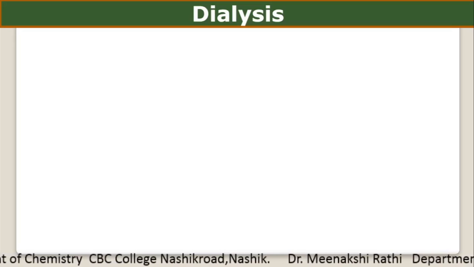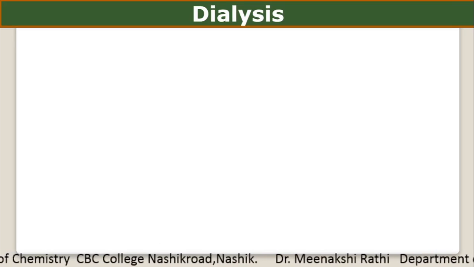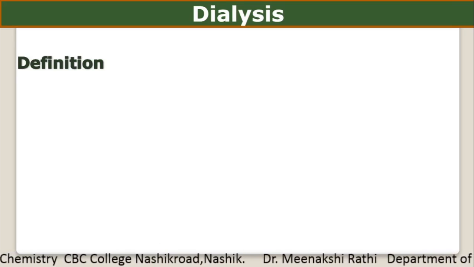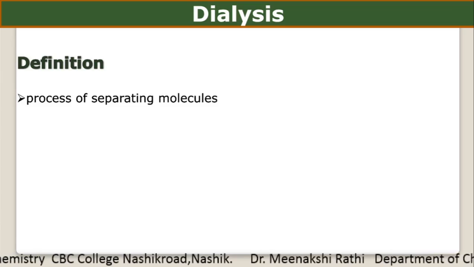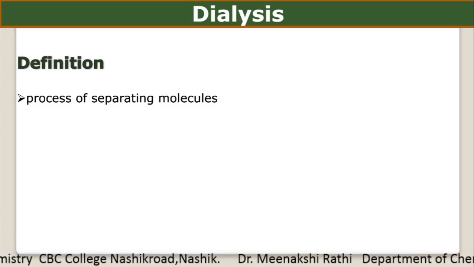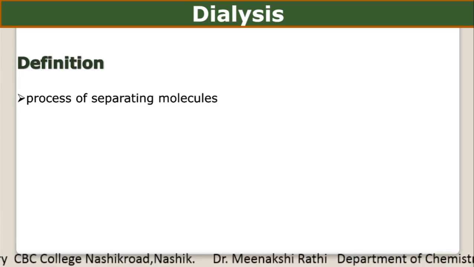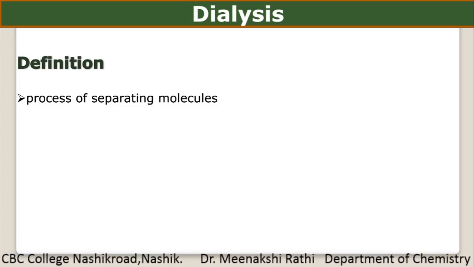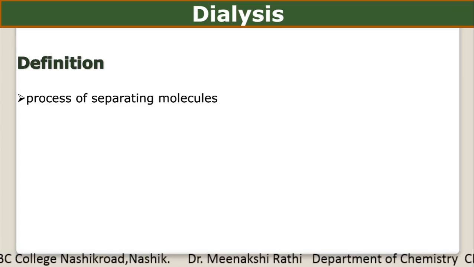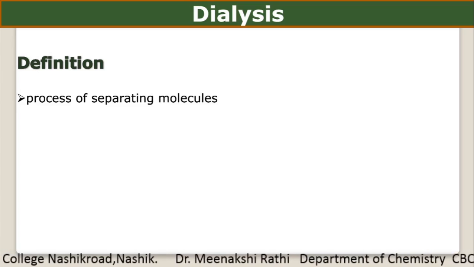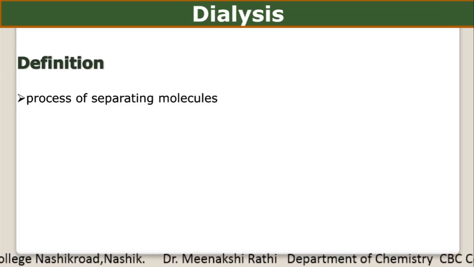Now what is dialysis? Dialysis is a process of separating molecules. As I already told you, dialysis and centrifugation, these two processes are based on the shape and size of the biomolecules.